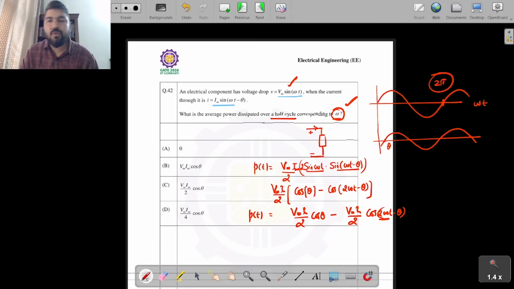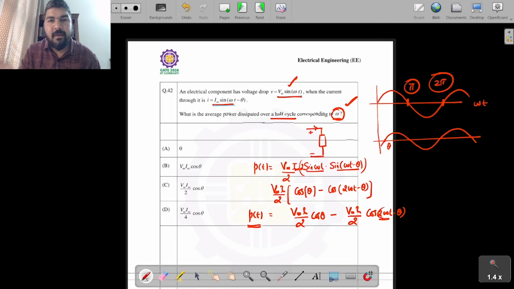So full period is 2 pi radian and half period is pi radian. Half cycle means pi radian. But remember, with respect to power, this pi radian will act as a full cycle. This pi radian acts as a half cycle if you take the omega frequency term.